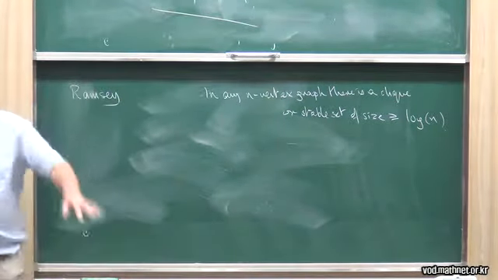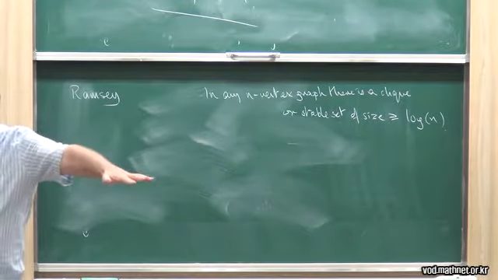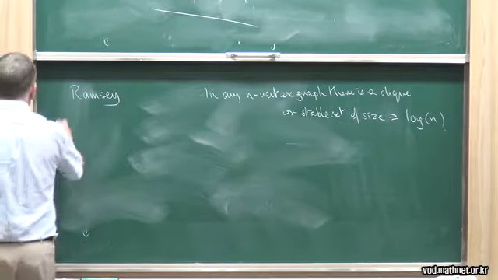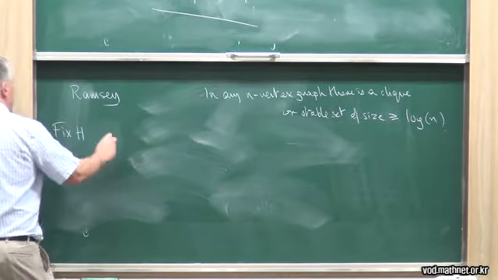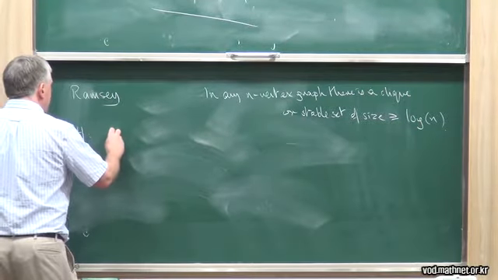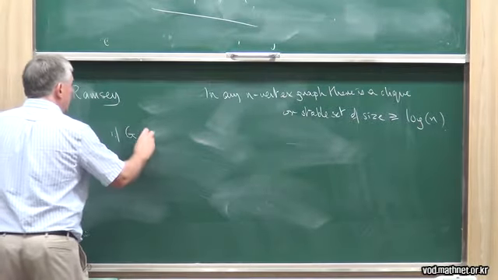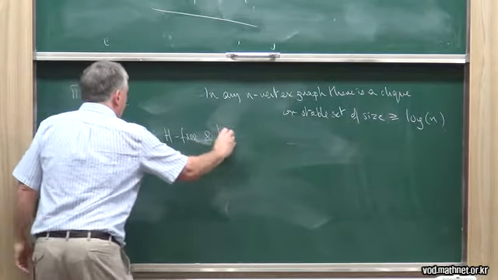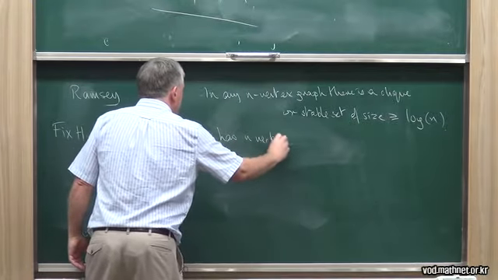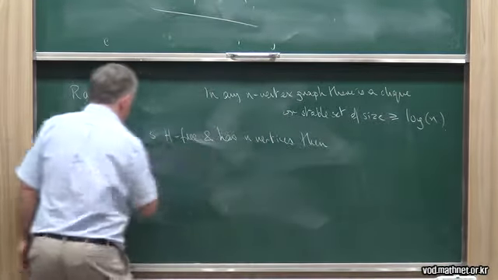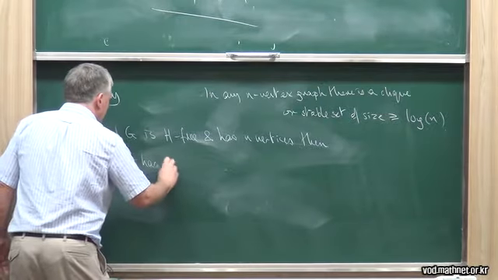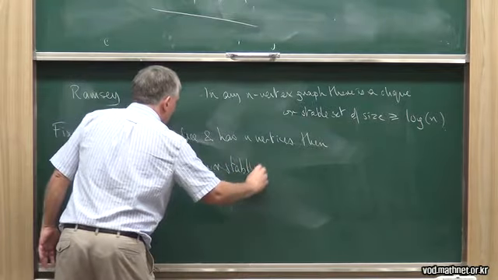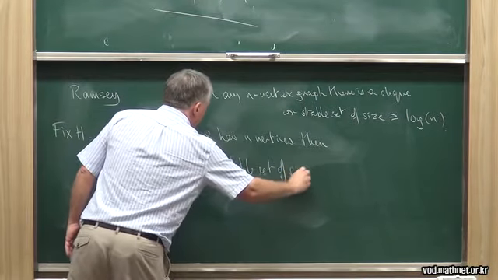Well, what happens if you exclude a graph? Fix a graph H and look at the graphs that don't contain it. If G is H free and has n vertices, then G has a clique or stable set of size what?